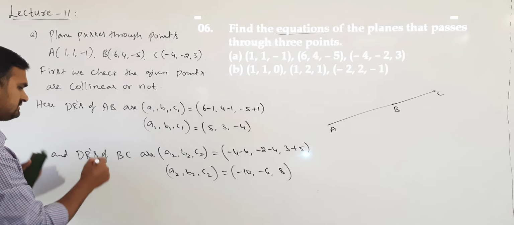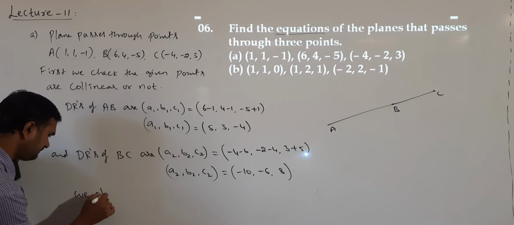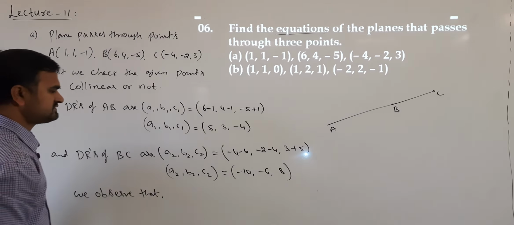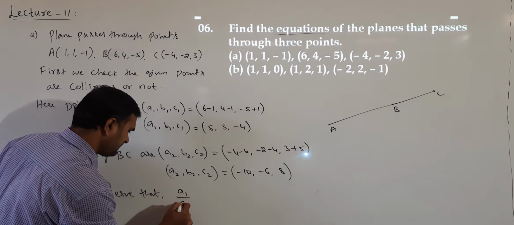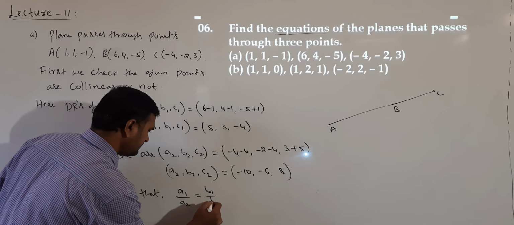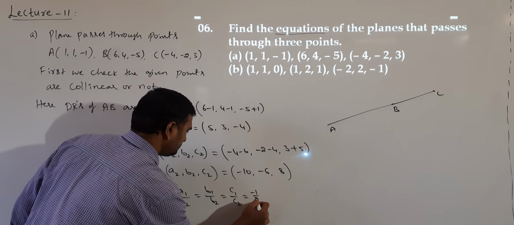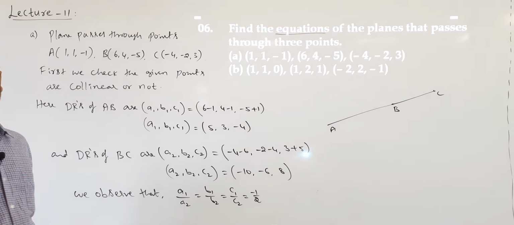So we observe that a1 by a2 is equal to b1 by b2 is equal to c1 by c2 is equal to -1 by 2. All three are equal.